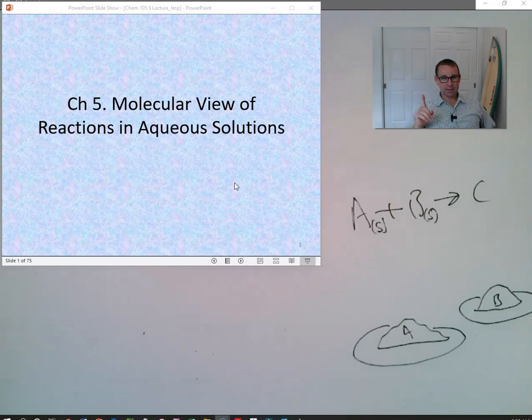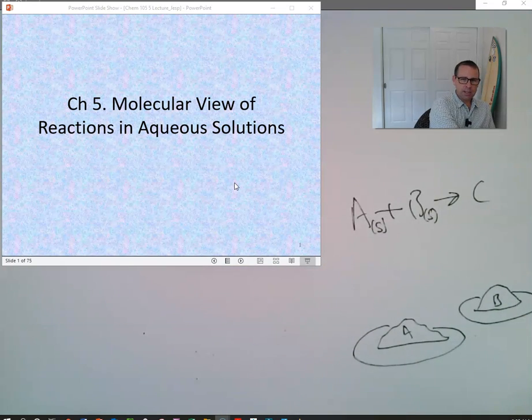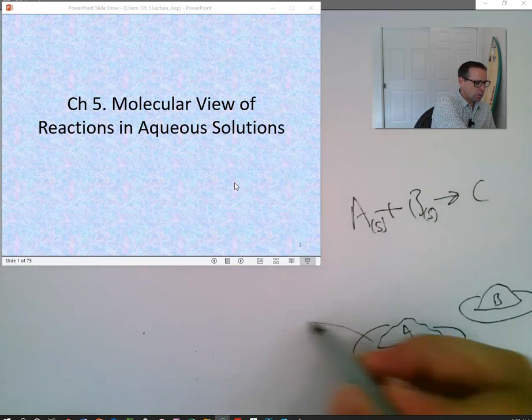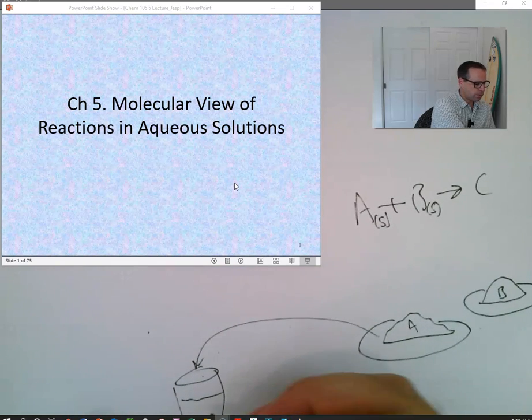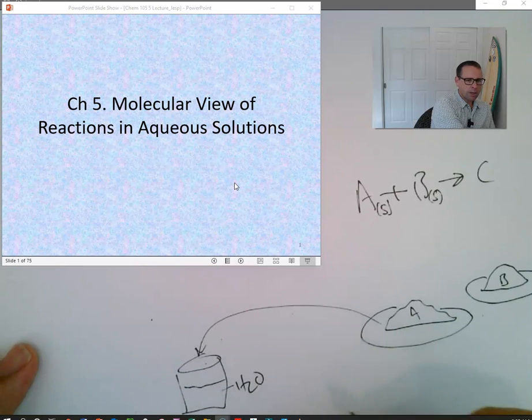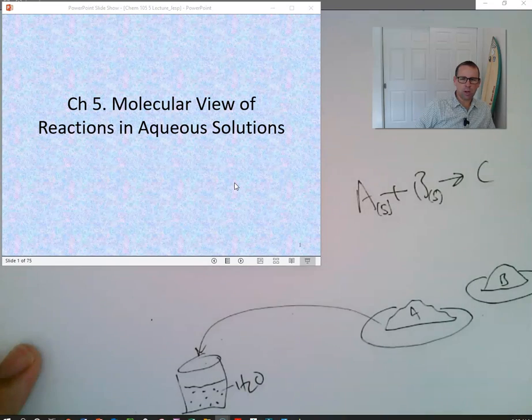Now, to facilitate this, what we often do is, instead of taking a chemical like A and B and trying to mix them as solids, we'll put A into some water. So if I have some water and I put A into it, then A dissolves in the water.